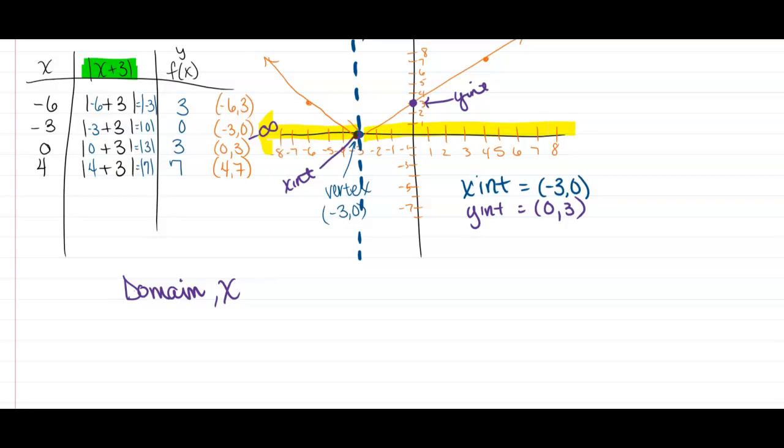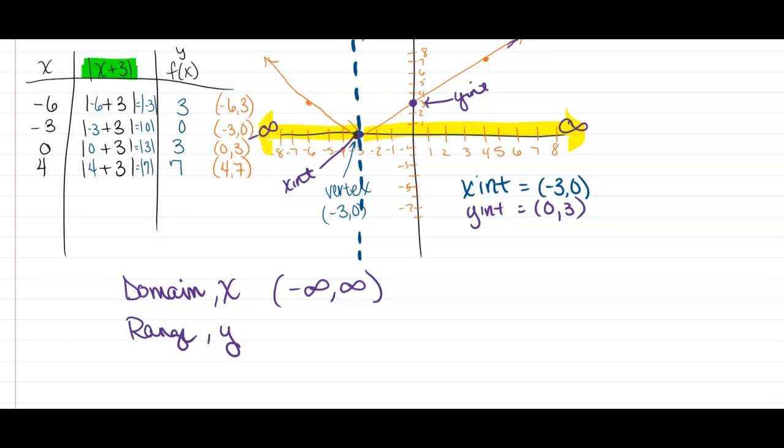And now we want to look for the point that's furthest to the right, and there is no point furthest to the right because it goes on forever because of this arrow up here. So this is going to positive infinity. So my domain is -infinity to positive infinity. And in interval notation, we use parentheses because we have infinity. We never include infinity.